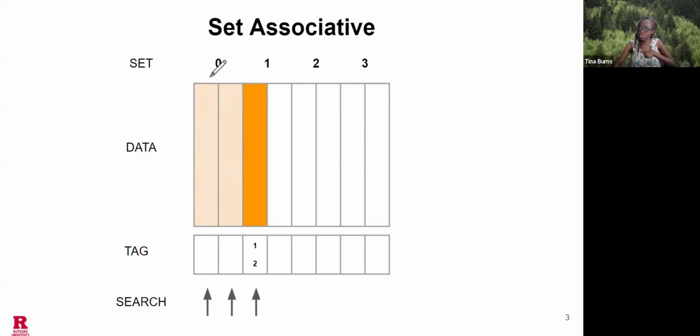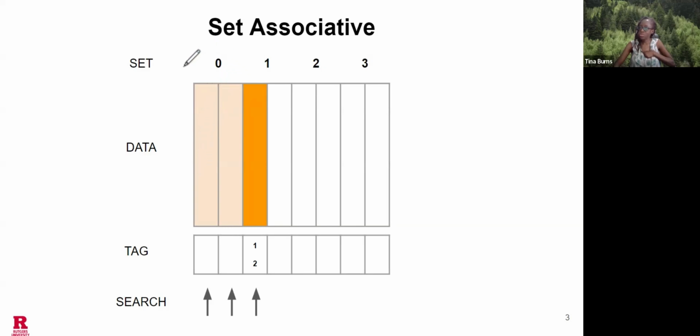One, if you'll notice, these are all sets, right? 0, 1, 2, 3 refer to each of these sets. For this particular one, it's a two-way associative cache, but there are four sets within this cache, right?